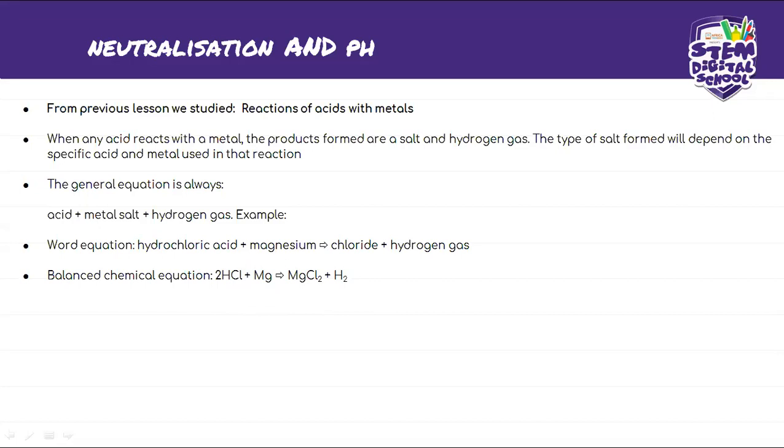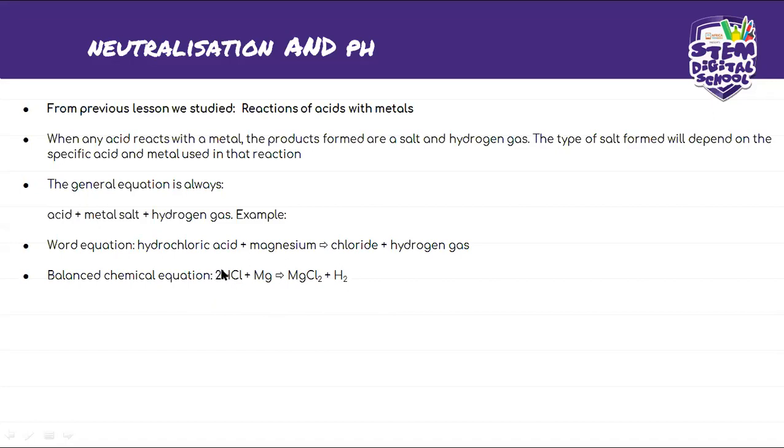So how do we balance it? Just ignore for once the 2 in front of the hydrochloric acid. We have HCl plus magnesium giving us magnesium chloride and hydrogen gas. Hydrogen gas is going to be 2 on the right hand side and 1 on the left, so to balance, we have to put 2 here.